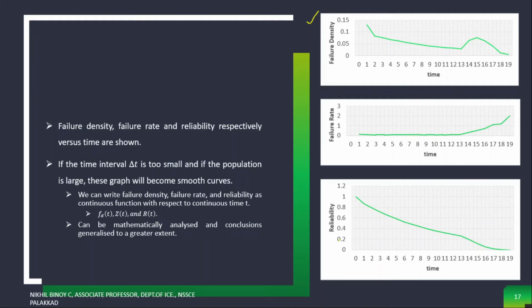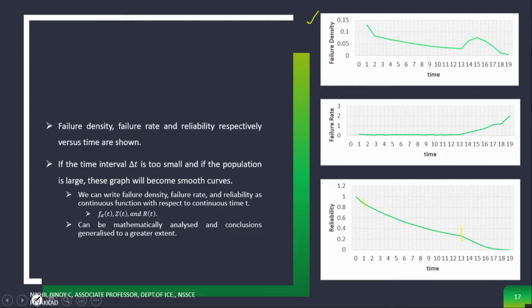Now the third one is reliability with respect to time. Initially it is exponentially decreasing, from interval 1 to interval 13. Then from 13 to 18, it is again exponentially decreasing, but the slope is different.